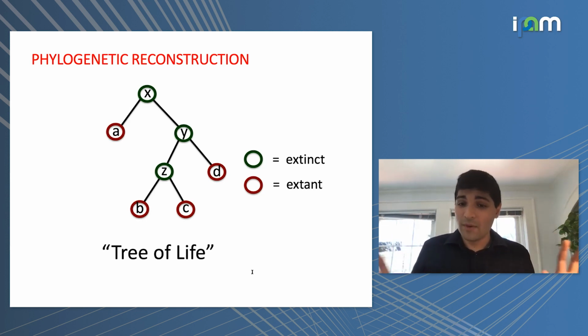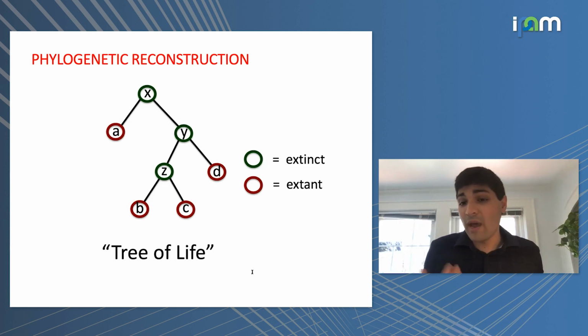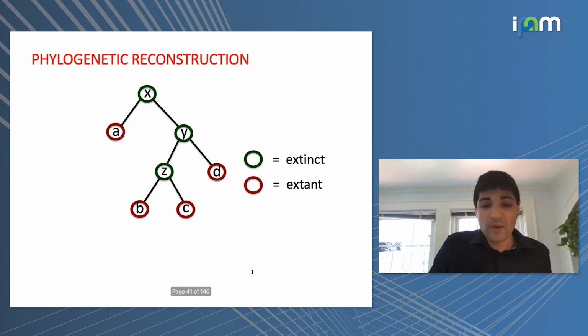That's a big assumption, but just bear with me. Then one thing we might want to do is compare these aligned genetic sequences to try and reconstruct the tree of life. Namely, where there were speciation events, where different things diverged, and also among the extant species, how they're related to each other in this tree of life that we wish we had.